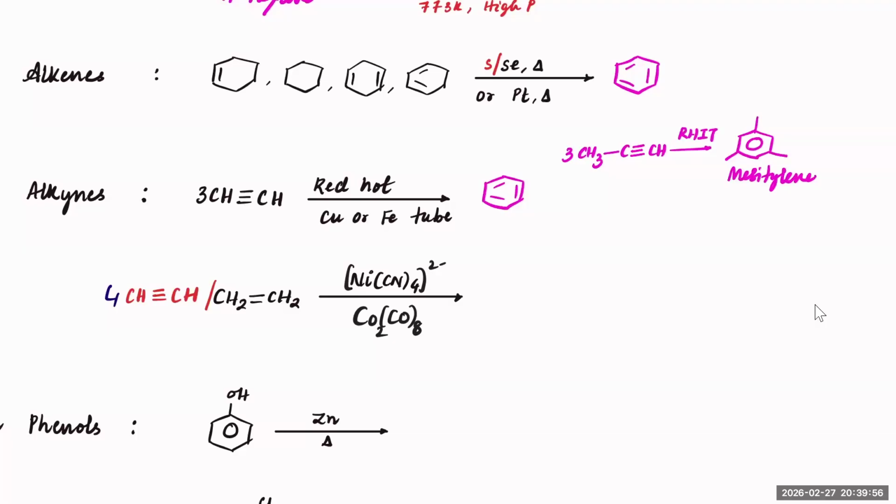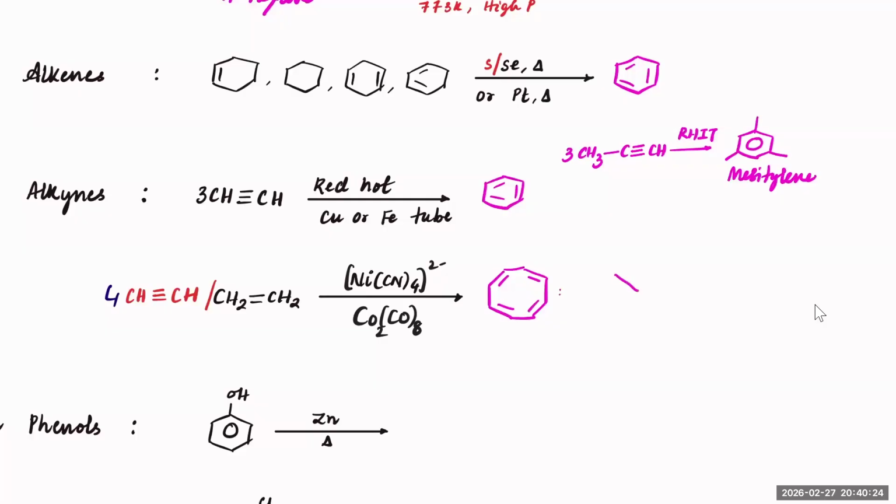Next, in case instead of using a red hot copper tube, I use nickel complexes or cobalt complexes, then 4 moles of it will give you cyclooctatetraene, which is this form, with alternate double bonds.